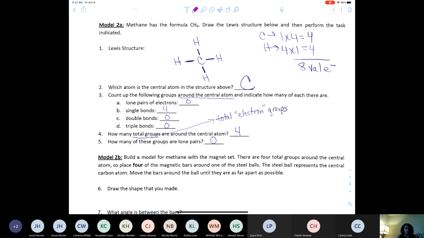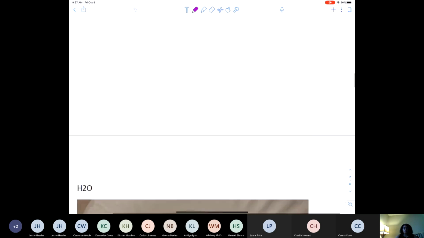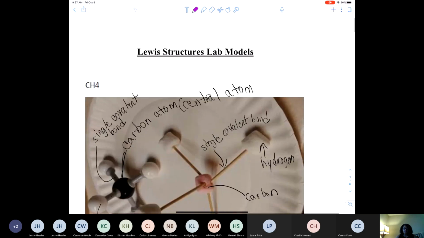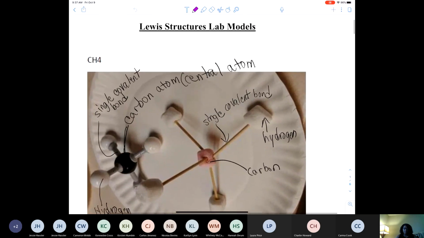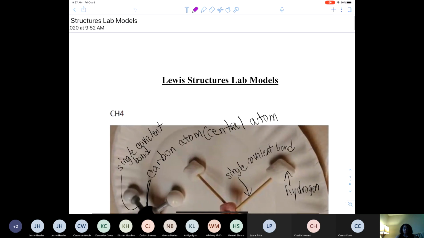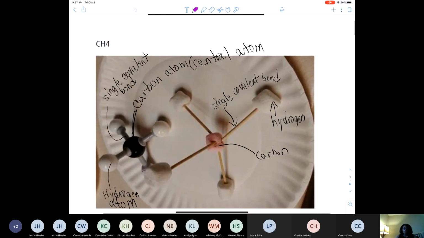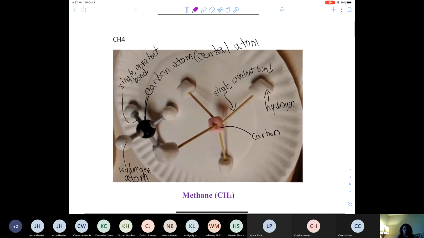So let's take a look at the picture for the model for methane. There's a PDF document called, or Word document, I can't remember which, for Lewis Structures lab models. Make sure you download that document.